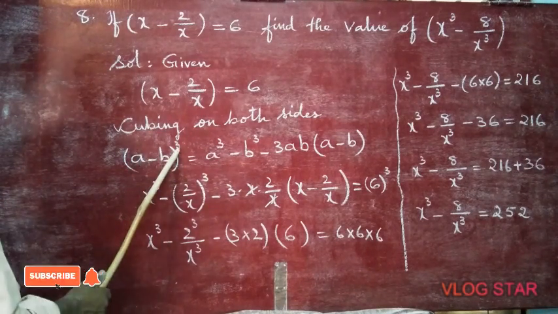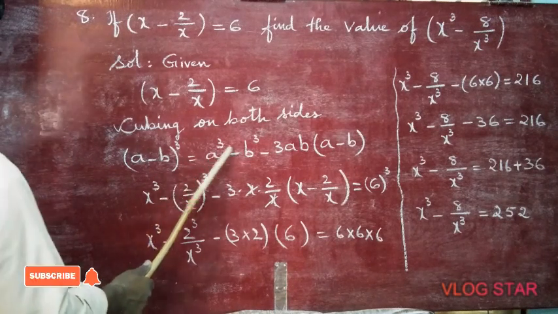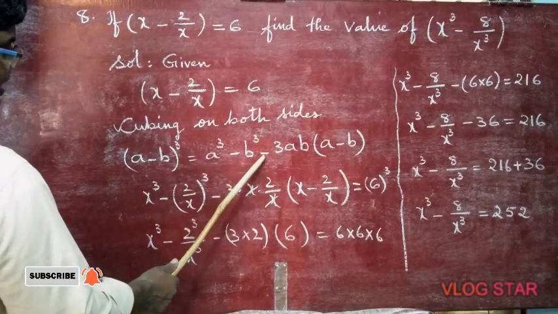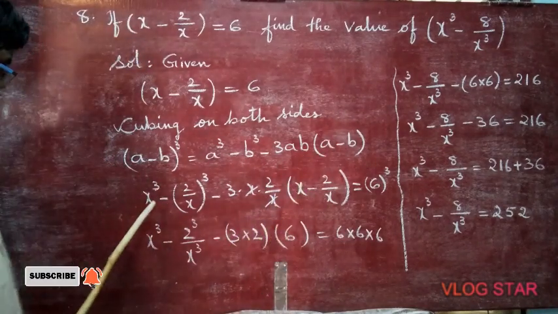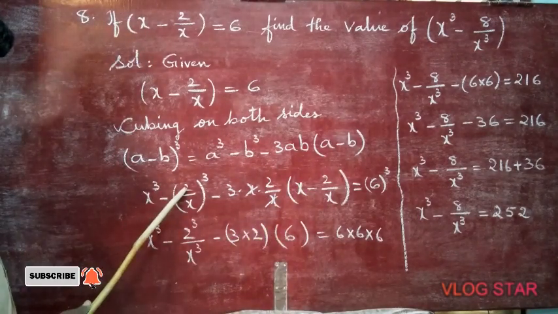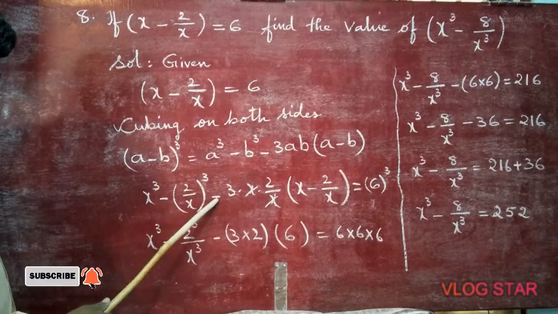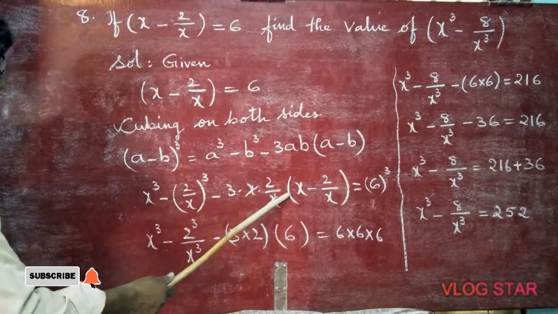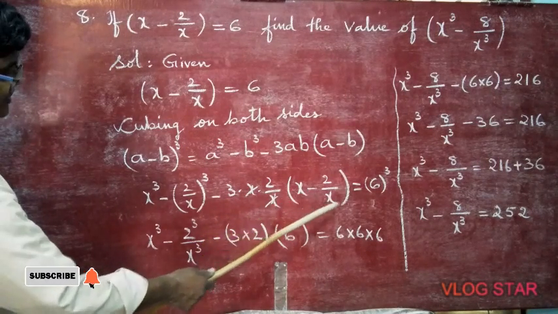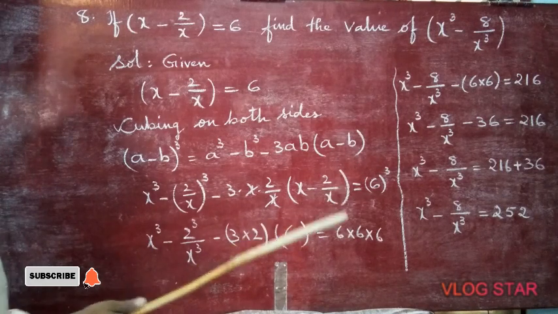a minus b whole cube is equal to a cube minus b cube minus 3ab into a minus b. So x cube minus 2 by x whole cube minus 3 into x into 2 by x into x minus 2 by x is equal to 6 cube.